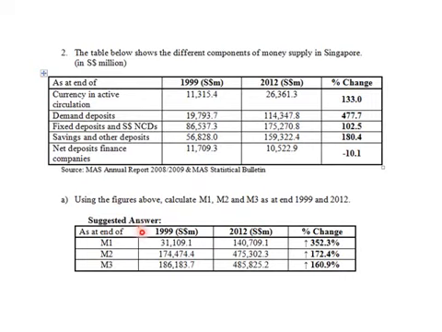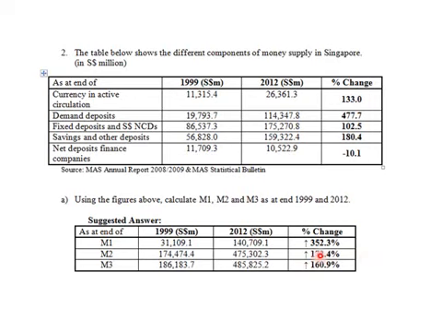Now, so we've got the numbers in, M1, M2, and M3. M3 is always the largest number because all the components are in there. M1 is always the smallest because it's the most narrow definition. Again, you see the percentage if you calculate. Now, how do you calculate percentage?